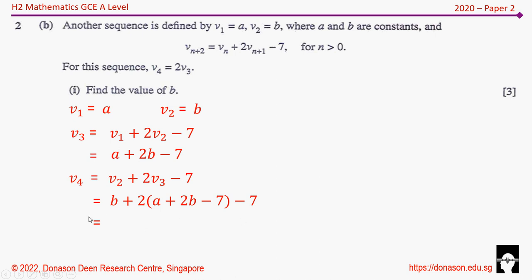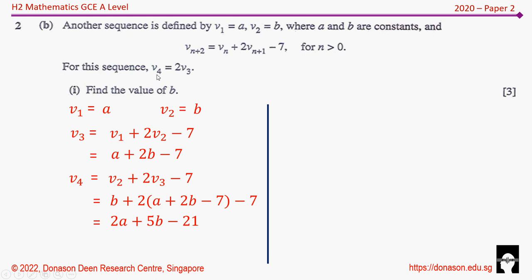Let us simplify. So we have 2 times A, 2A, and then 2 times 2B is going to become 4B, plus 1 more B, that would make it into 5B, and then twice of minus 7 is minus 14, and then from that you minus another 7, that should give you minus 21. So this is the value of your V4.